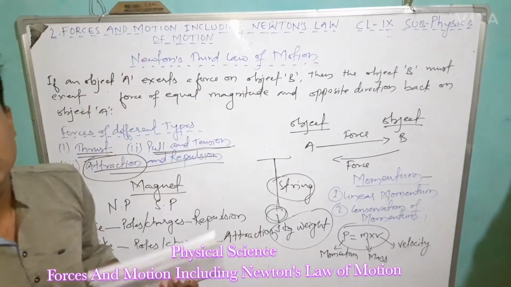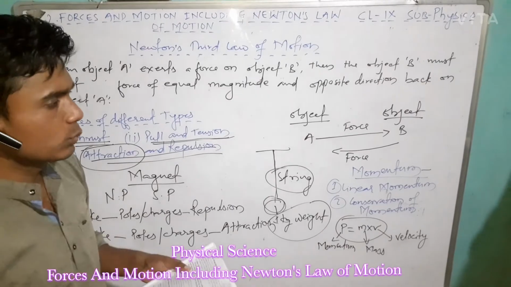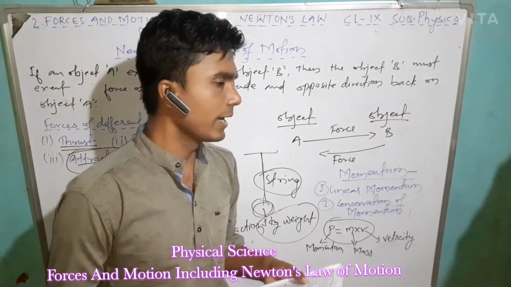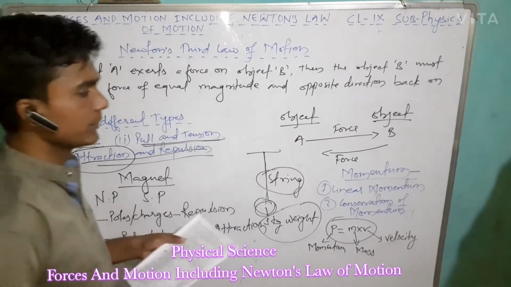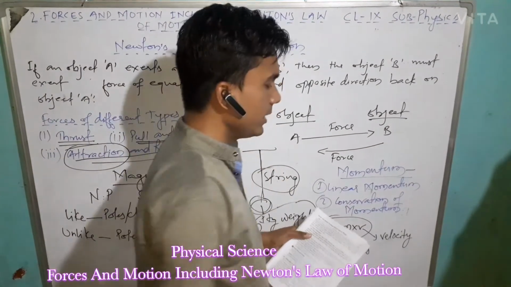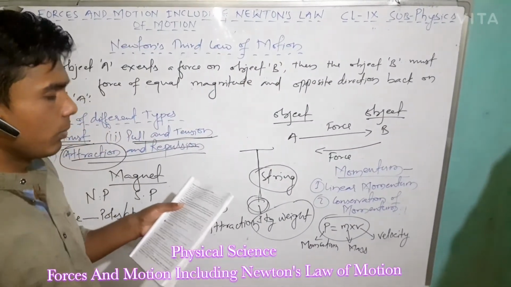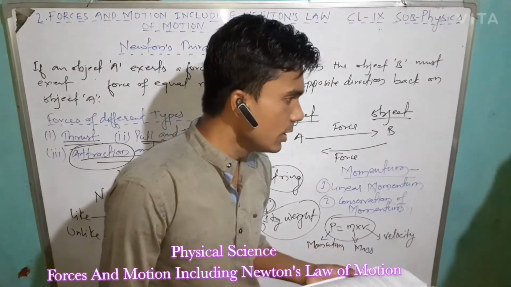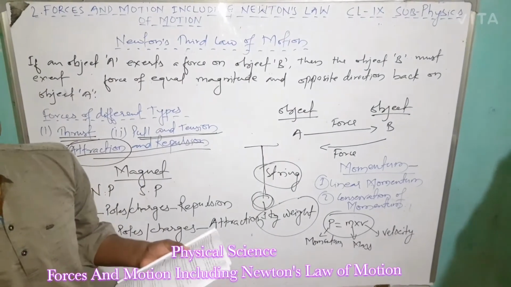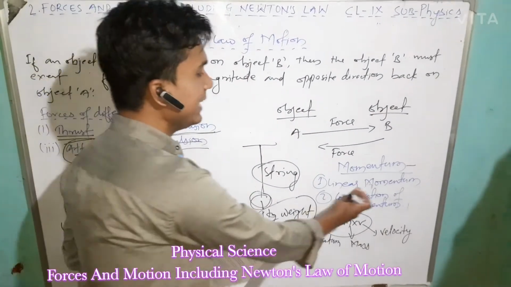Due to the combination of mass and velocity, the force which is faced or exerted by the body is known as momentum. That is linear momentum. When a body possesses some kind of force or effect due to the combined effect of mass and velocity, that is known as linear momentum.